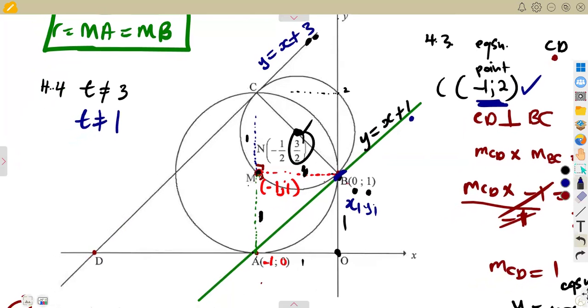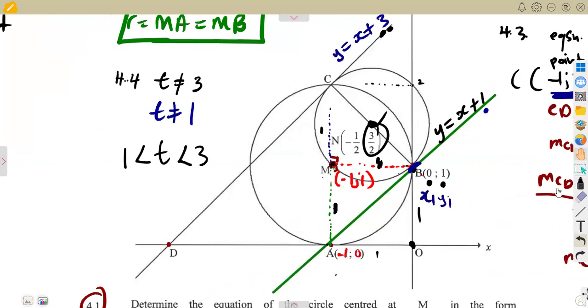So we can conclude that between the values from 1 to 3, t is not supposed to be any of these values. Our t is supposed to be a value greater than 1 but less than 3, not equal to 3 and not equal to 1.